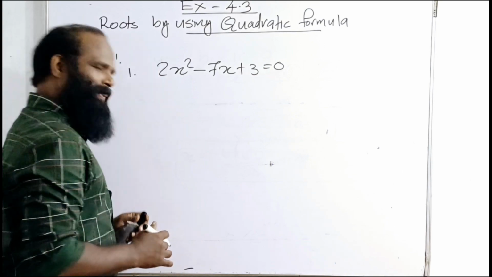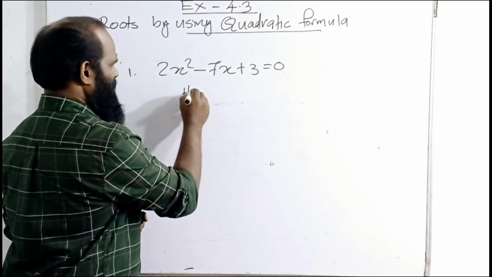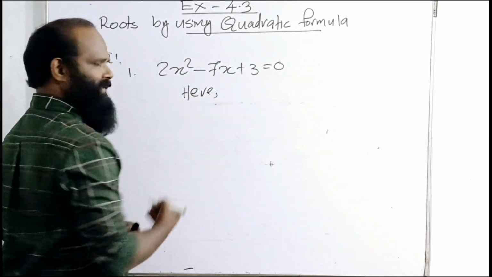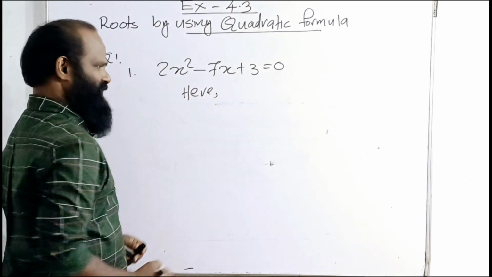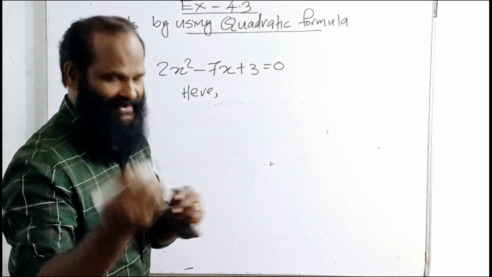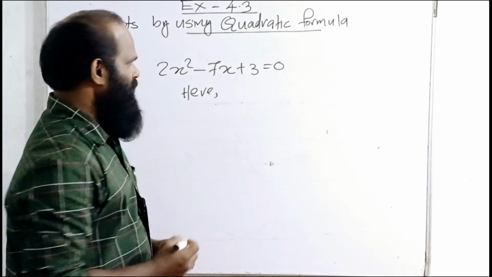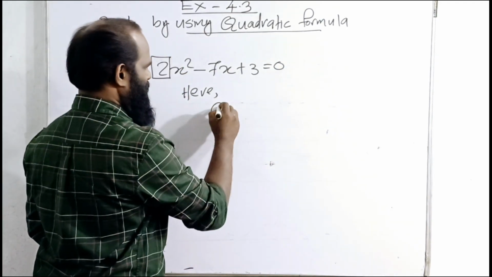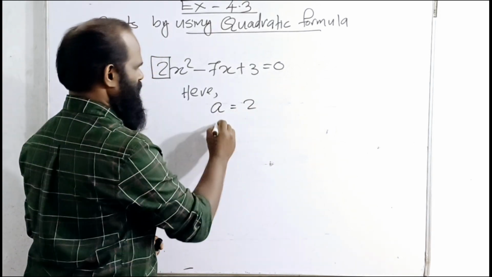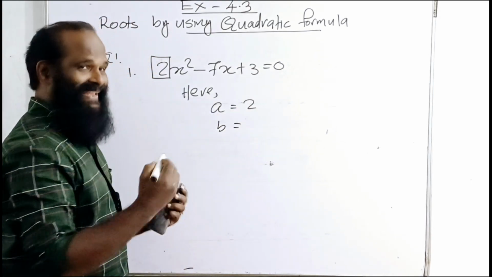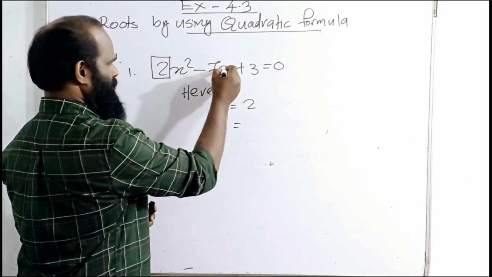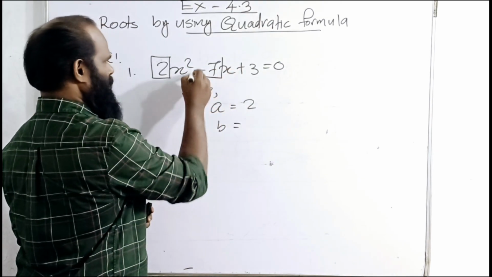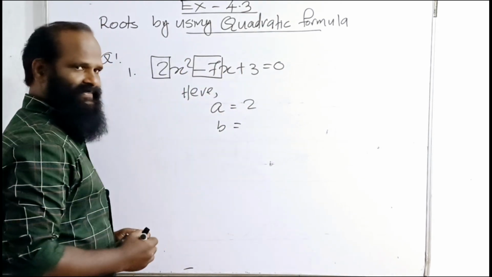Okay, to begin with, we're going to mention these things first. In this equation, we have to identify a, b, and c. You know, a is the coefficient of x square. So we write here a is equal to 2. b is the coefficient of x. x is the term over here, and its coefficient is -7.